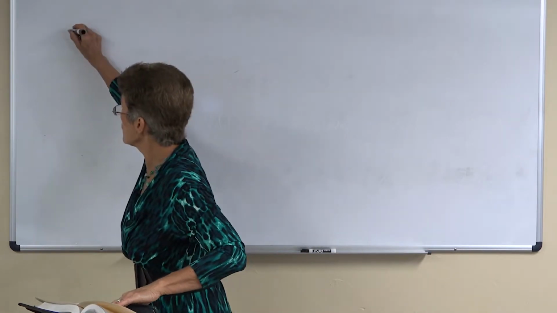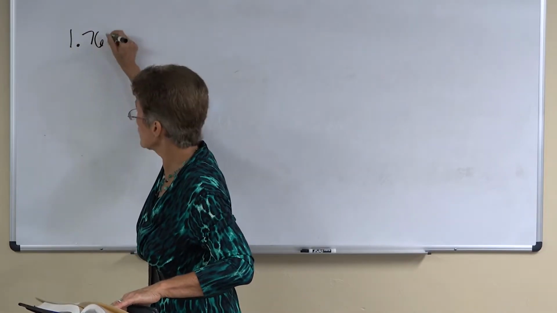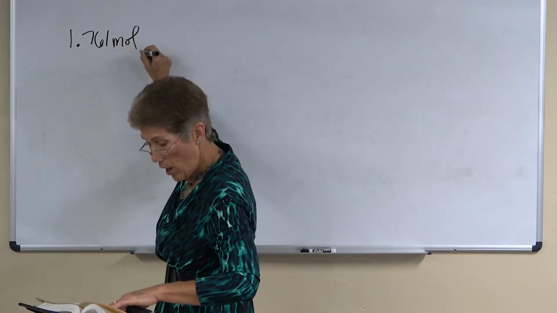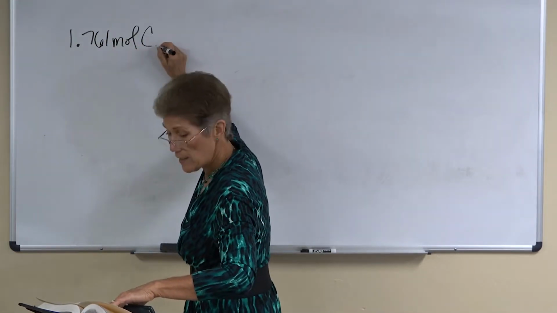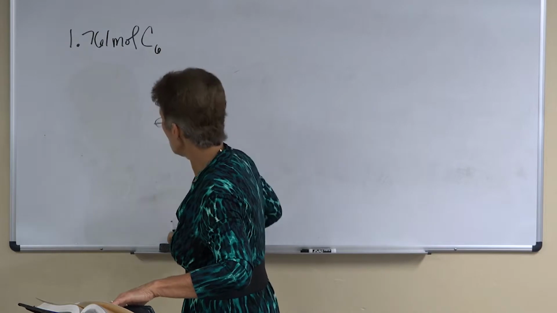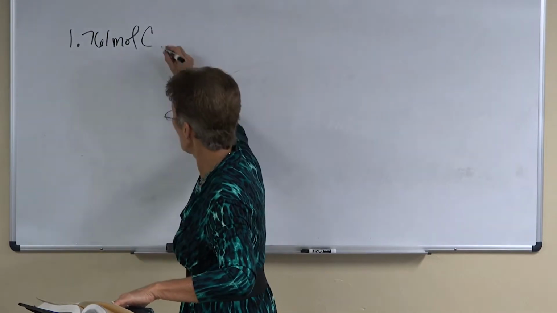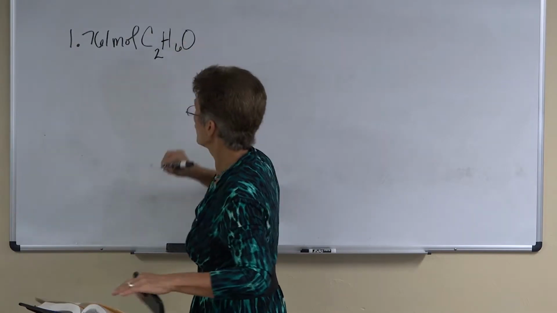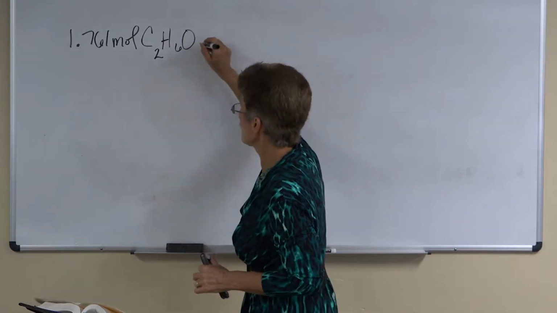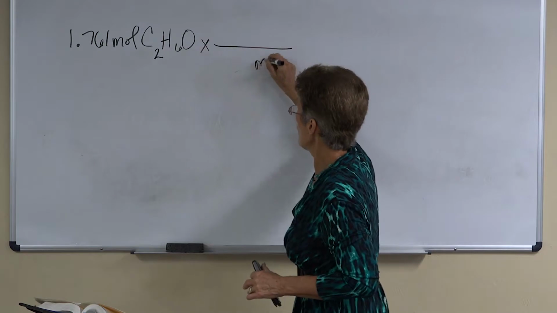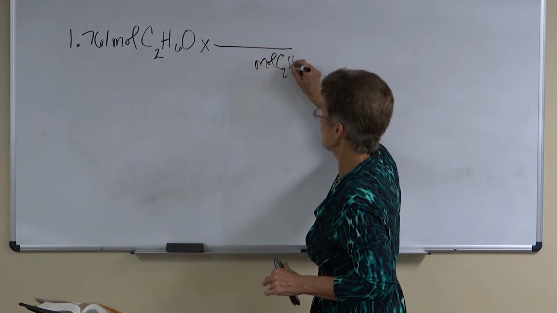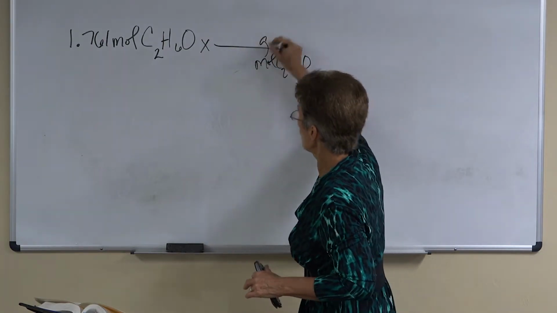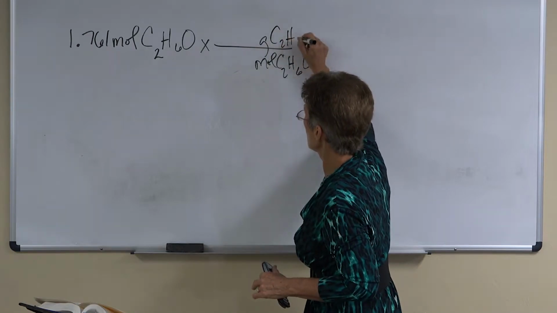The next one is 1.761 moles of ethanol, C2H6O. All right, and we're trying to get to grams from the moles. So I put moles of this down here, and I want grams of this up here.